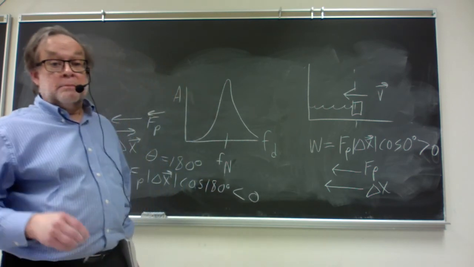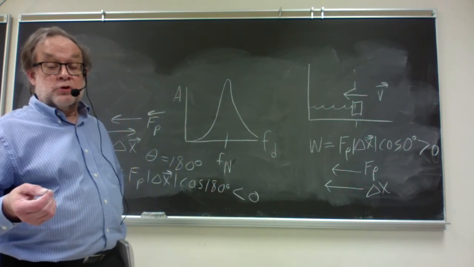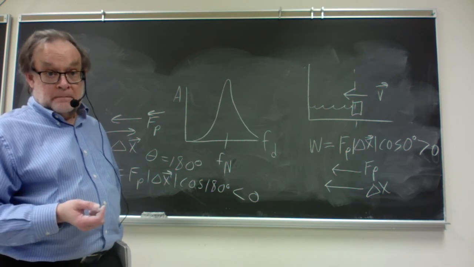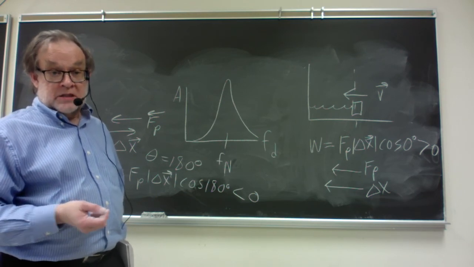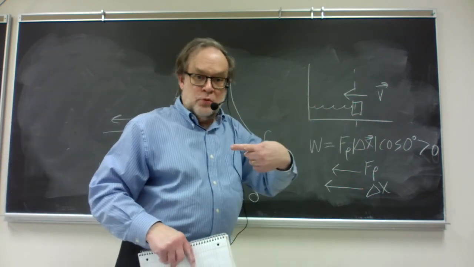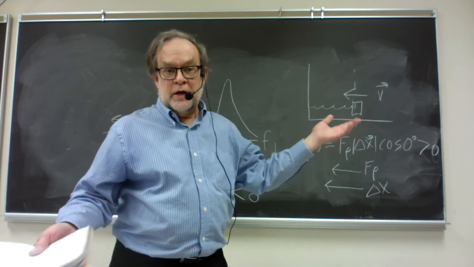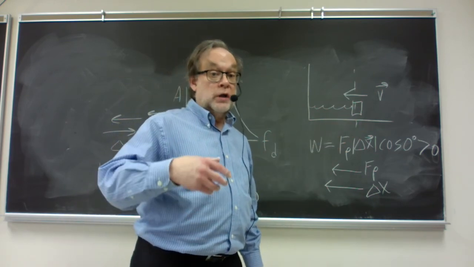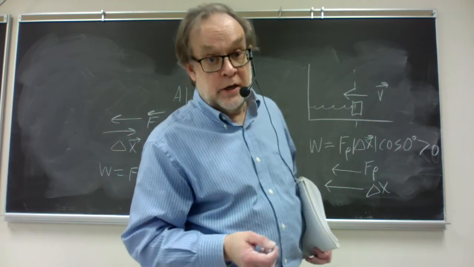So in that case, my push would be doing negative work. My push would be taking energy away from the mass. That's kind of obvious, because since the mass is moving this way, if I push backwards on it, it's going to slow down, so its kinetic energy will be decreased. I will have taken away some of its kinetic energy.